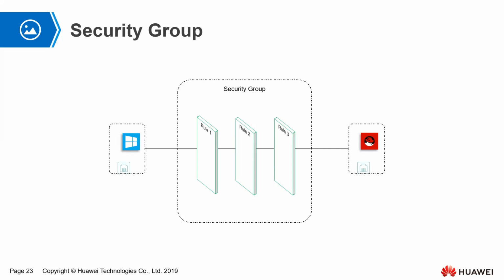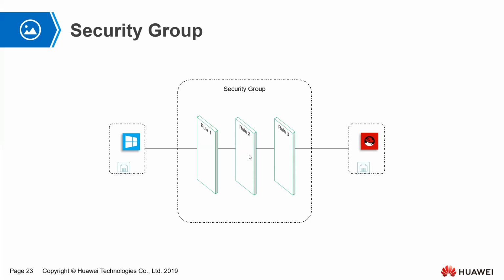If you look at this illustration, we have rule 1, rule 2, and rule 3. Because one virtual machine NIC can be added to only one security group, as it tries to communicate with this virtual machine, it belongs to this security group, but it must fulfill the rules.